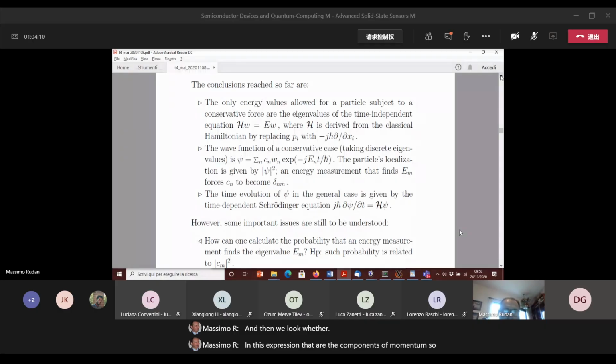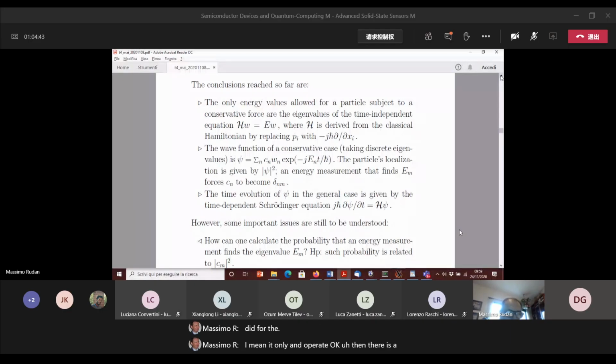So we have to write it in terms of, in general, momentum and position coordinates. The position coordinates are left untouched. We don't modify them. The components of momentum must be replaced with the momentum operators, just in the same way as we did for the Hamiltonian operator, okay?